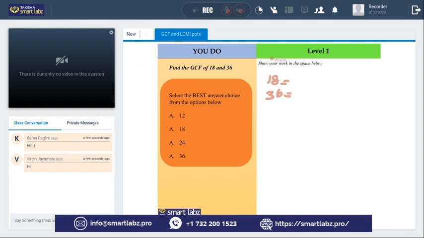So 18 is 1 times 18 is 18, and 2 times 9 is 18.